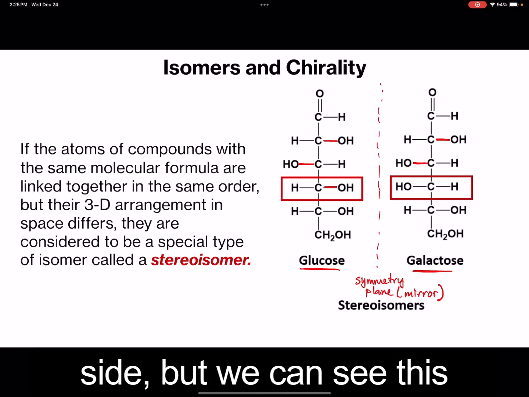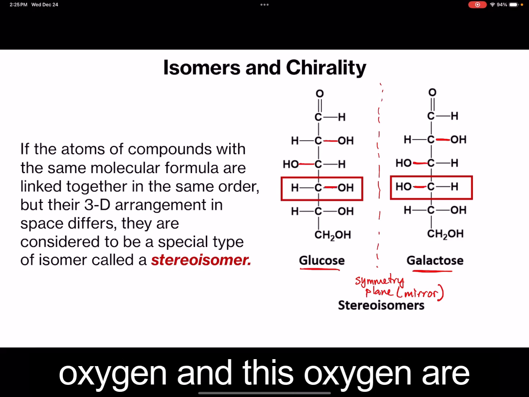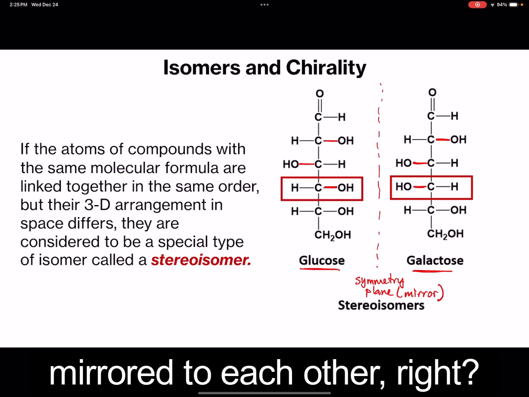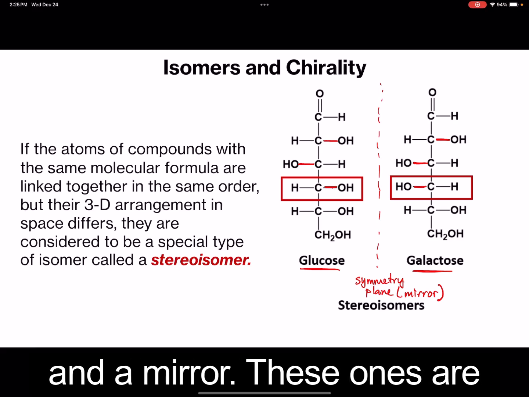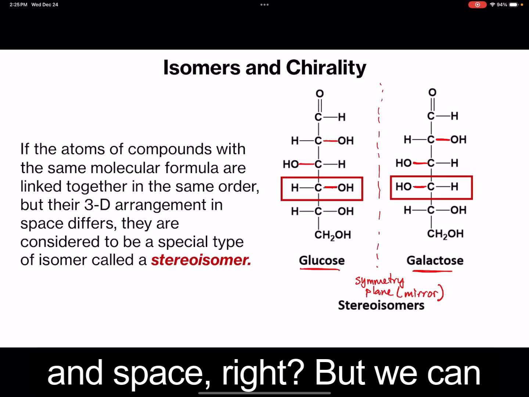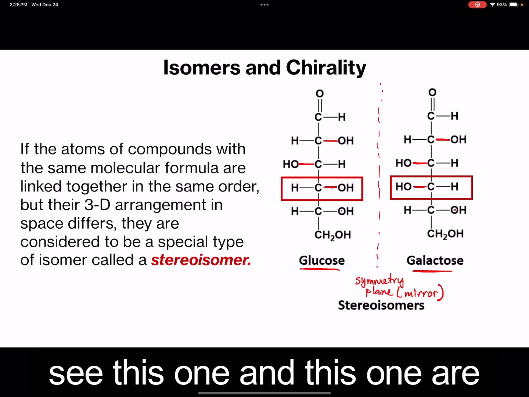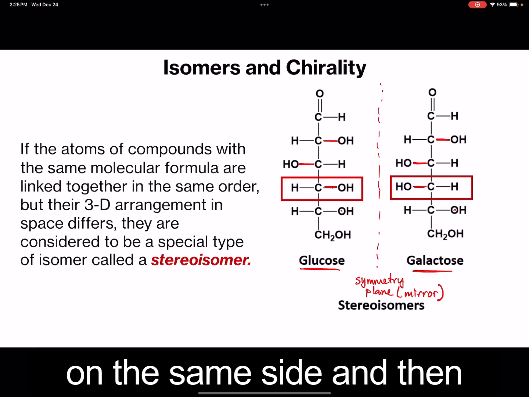But this oxygen and this oxygen are mirrored to each other, like a reflection in a mirror. These are different in their arrangement in space. But we can see this one and this one are on the same side.